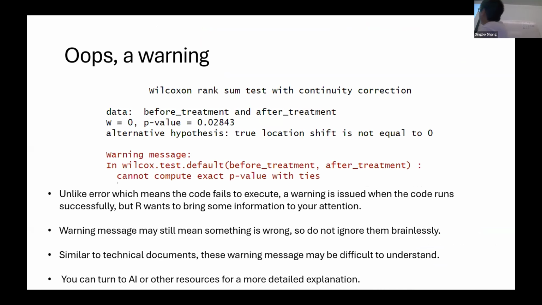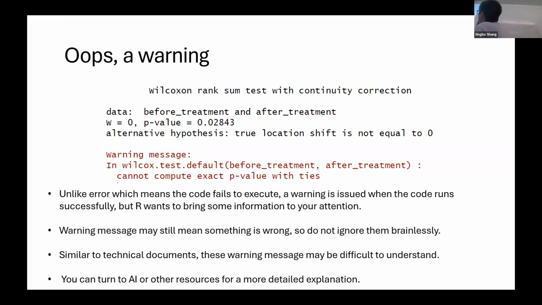So when you run the code, in the output console, which is at the bottom left corner of RStudio, you will see first it will type Wilcoxon rank-sum test with continuity correction. Okay, so you are running the correct test.